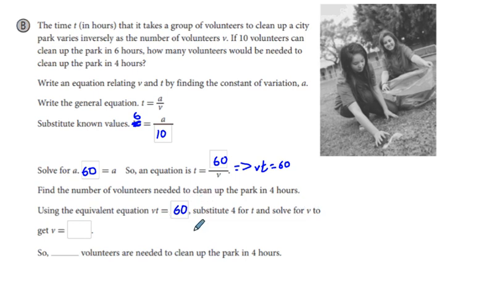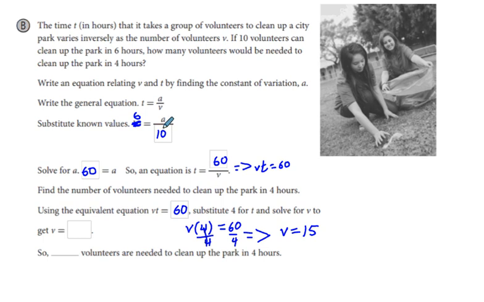So v times 4, right? We're substituting in for t, equals 60. So if we divide by 4, v is going to be equal to 60 divided by 4, which is 15.